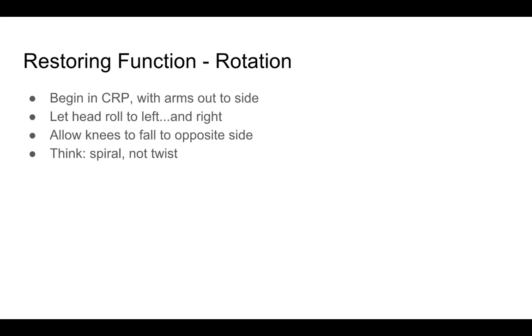And that intention can totally change how we organize this movement. Now again, after you've gone through this a number of repetitions, you might settle back in constructive resting position once again.